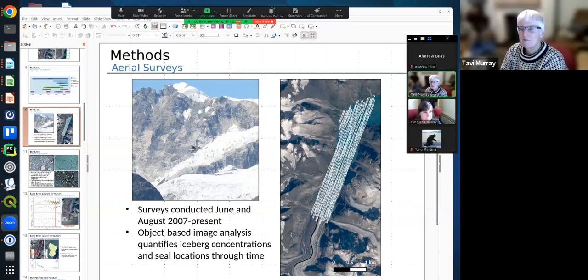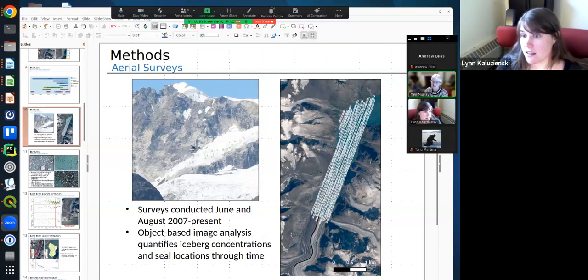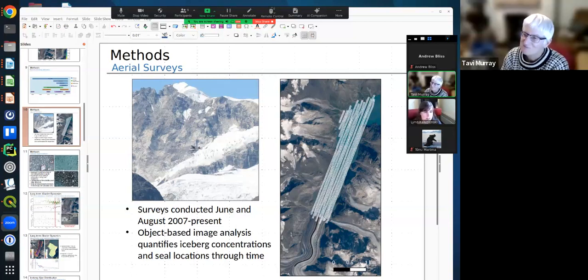Just a quick one from me before I pass over to Andrew. I was intrigued that you said the seals were returning. Are they doing a kind of annual migration that comes into the fjord and then goes out? I don't know enough about seals to know what their yearly cycle is. Yeah, that's a good question.